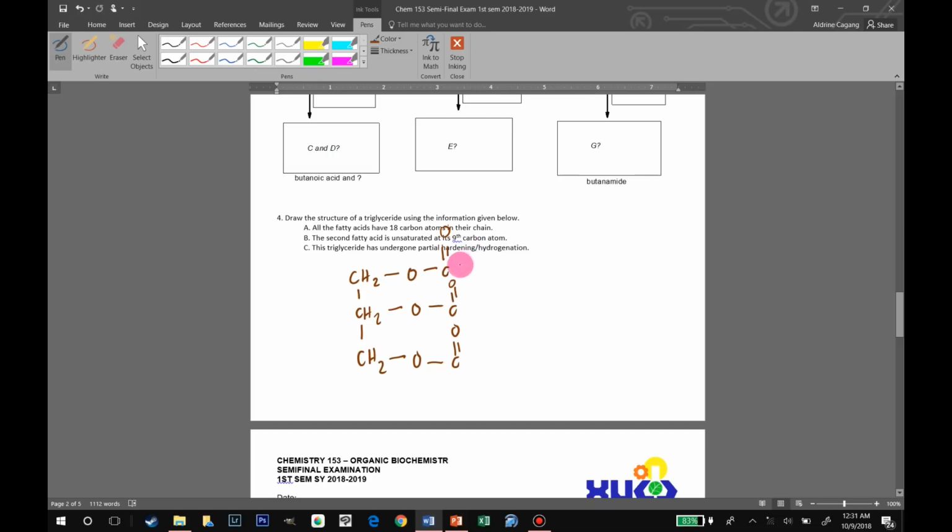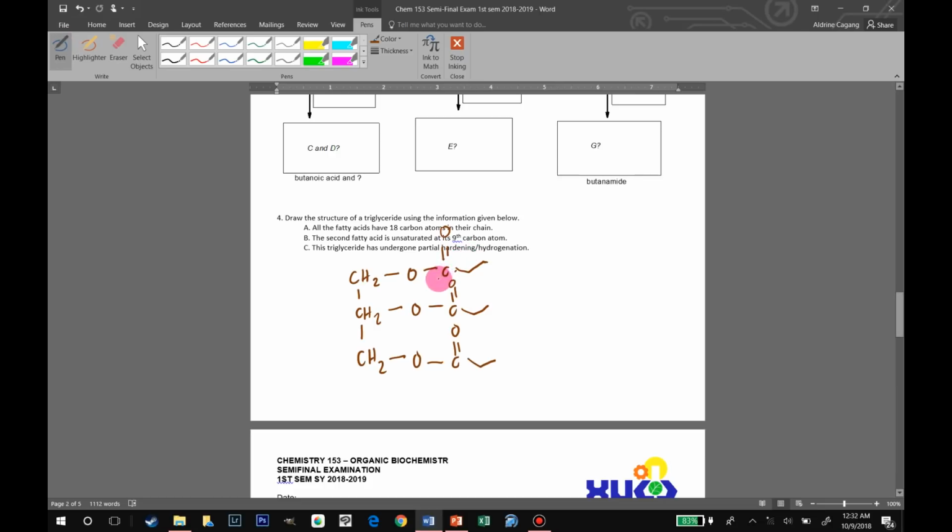What only differs in structure is the long chain fatty acids that are going to comprise your triglyceride. For this particular question, all the fatty acids have 18 carbon atoms in their chain. So let's try to draw.